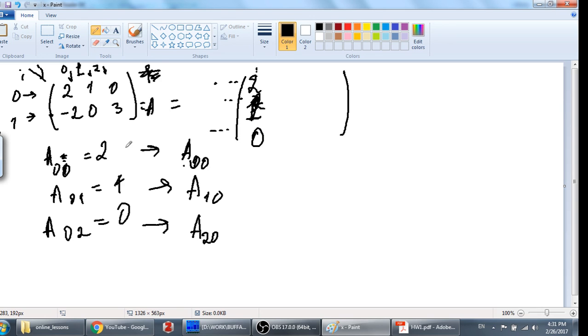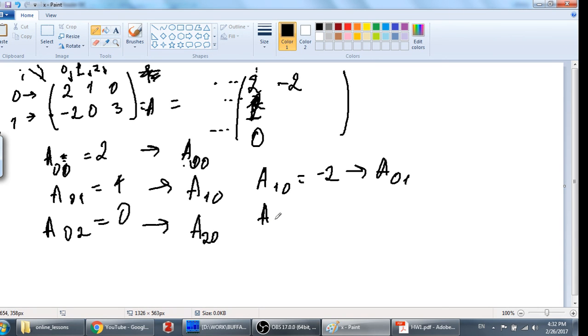Now let's do the same transformation with this matrix's elements. A 1, 0, which is minus 2, will go to A 0, 1. So it's the first column, or column with index 1 actually. So it's minus 2.